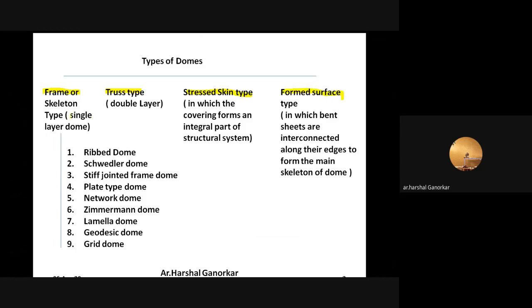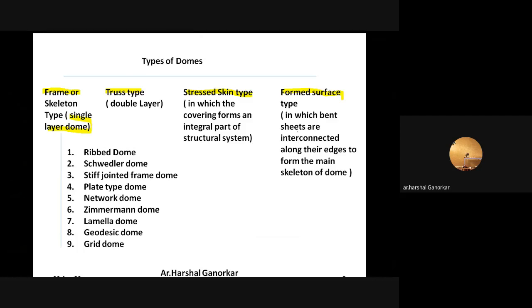In frame type skeleton, we can call it a single layer dome, and the truss type becomes the double layer, and the stressed skin type is like a shell structure, whereupon we have the covering which forms the integral part of the structural system.